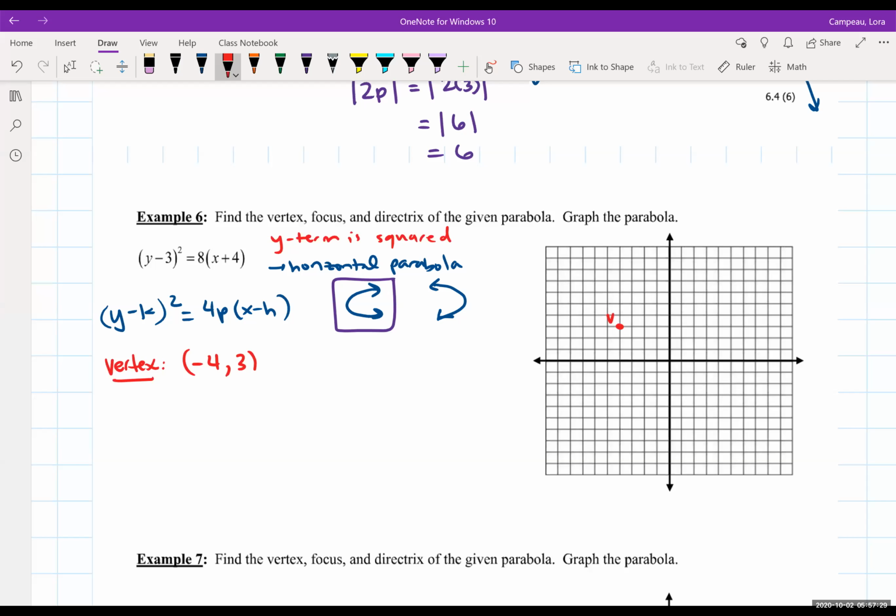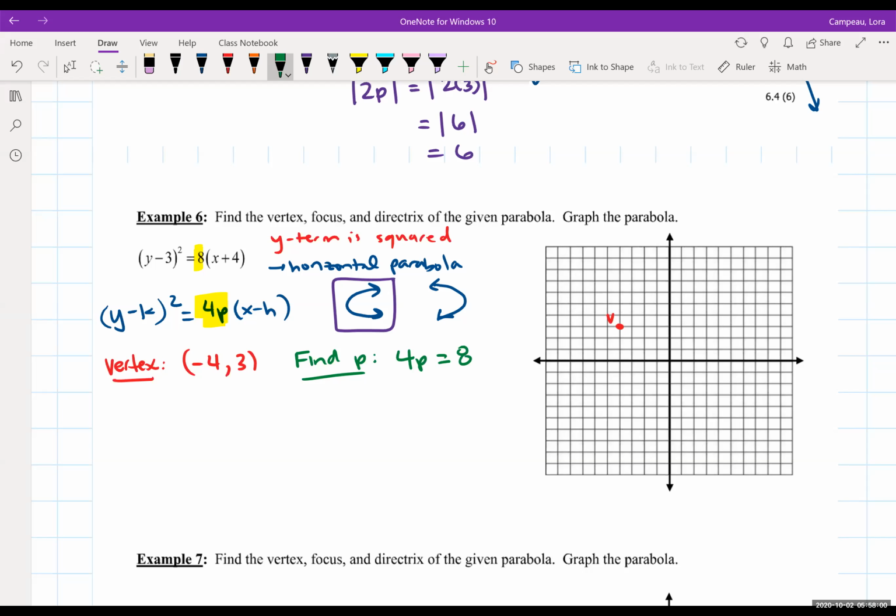And now I need to figure out who P is. Remember, it's a quick little idea when we're comparing the equations: the 4P is always set as the coefficient of the linear term. So if we're going to find P, we just set 4P equal to, in our case, 8.